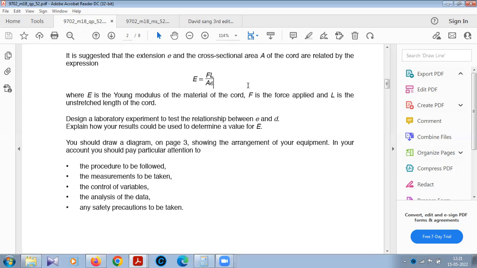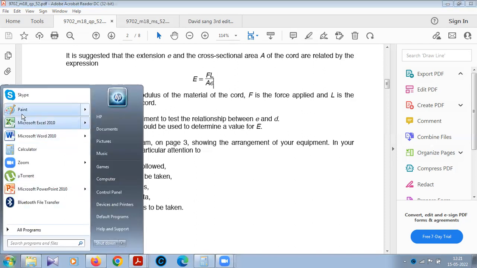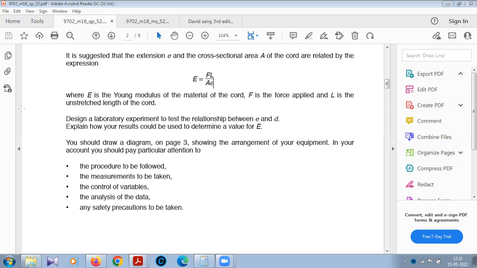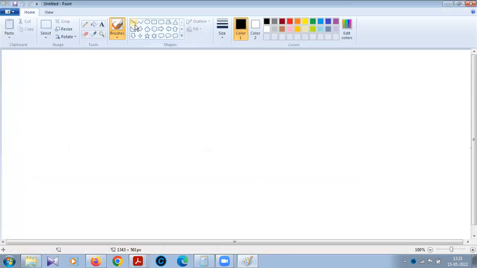So how will we draw the diagram? Now can you draw the diagram? I am drawing a rough diagram, so you can think of it, you have some diagram to draw. We can use the vernier caliper to measure the diameter. Yes, that will also be used.